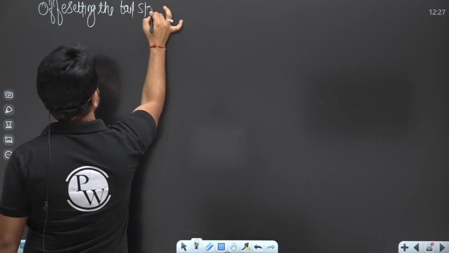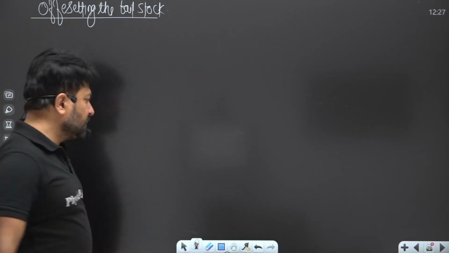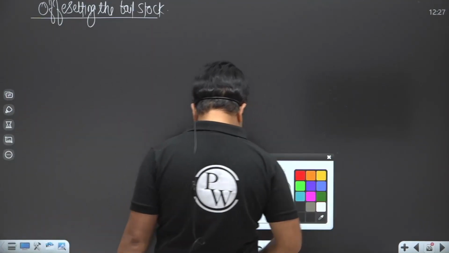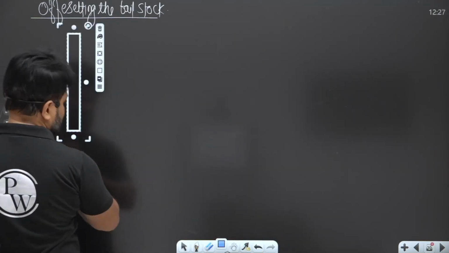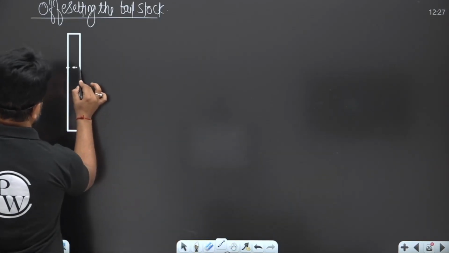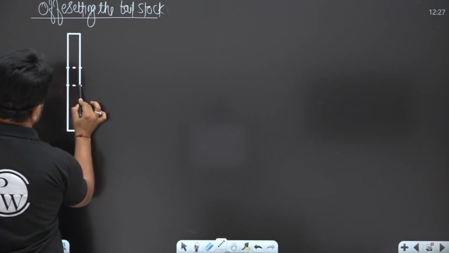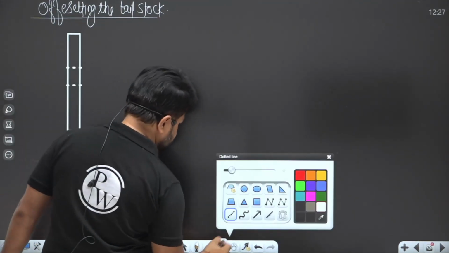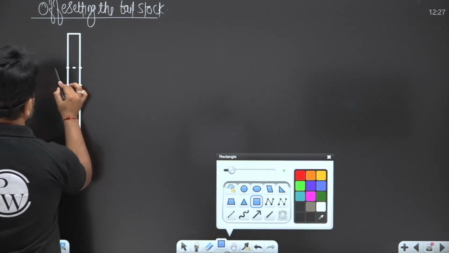Now what we are going to do here, my dear, basically there will be a face plate. In the face plate, there will be a live center.